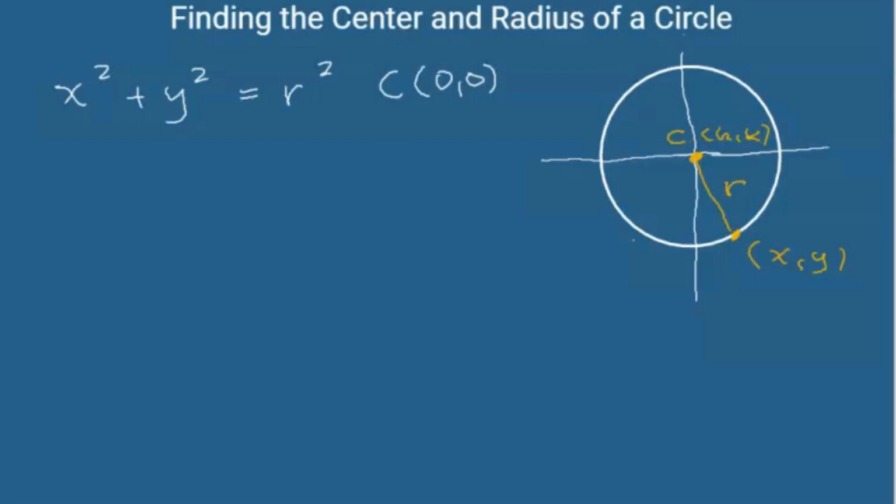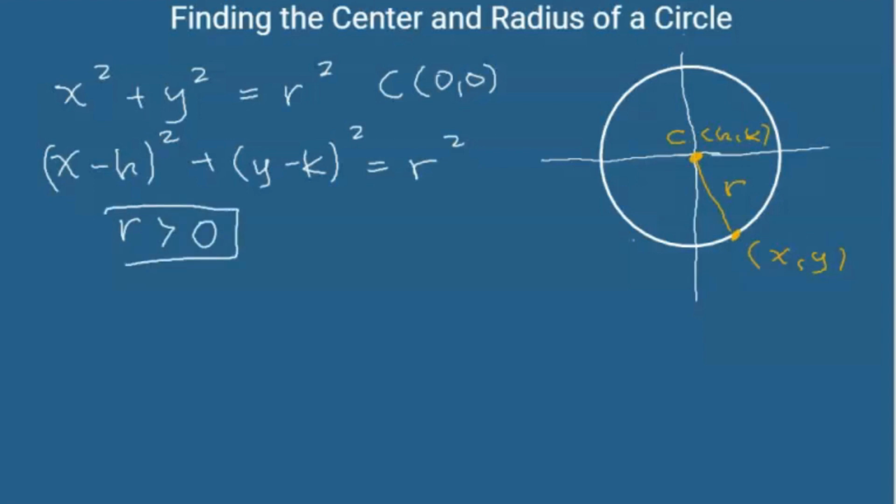If your center is at (h, k), then our equation would become (x minus h) squared plus (y minus k) squared is equal to radius squared. The radius of the circle should be greater than 0. If the radius is less than or equal to 0, then you don't have a circle.